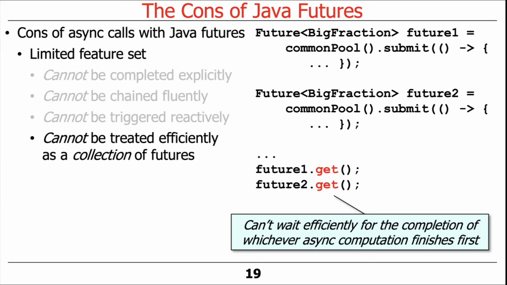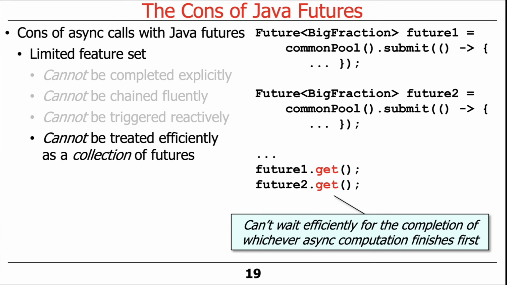Another thing you can't do is you can't treat collections of futures efficiently. So for example, here we've got two computations that run asynchronously, and we'd like to get whichever one finishes first. If it turns out that future 2 finishes first, we want that one. If future 1 finishes first, we want that one first. But the way that futures work, you have to call them in a particular order.